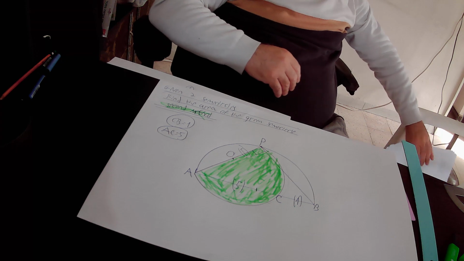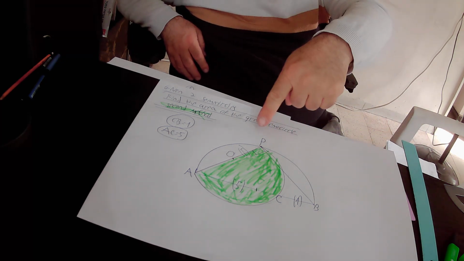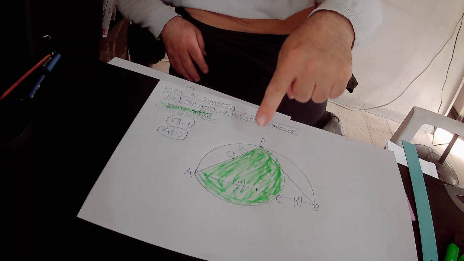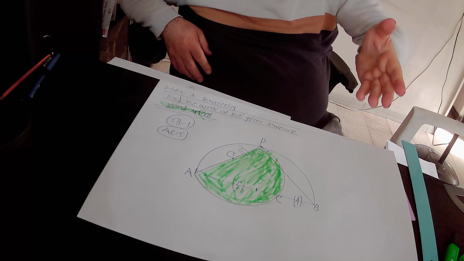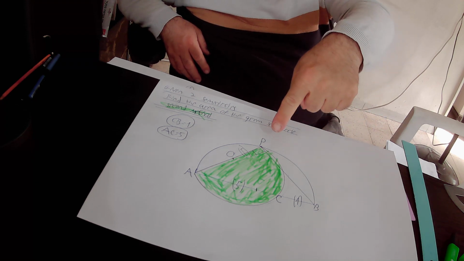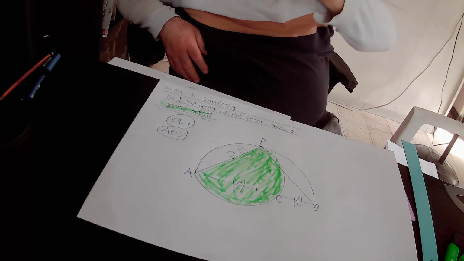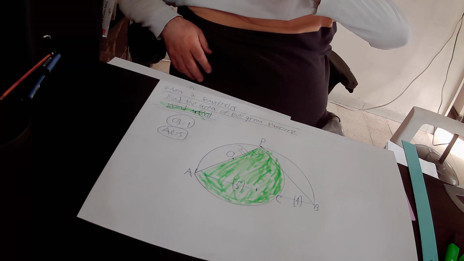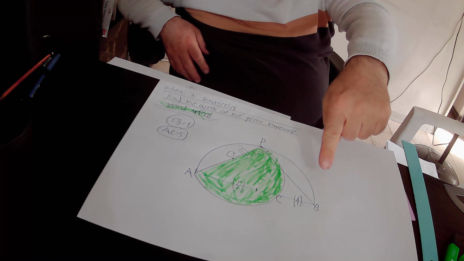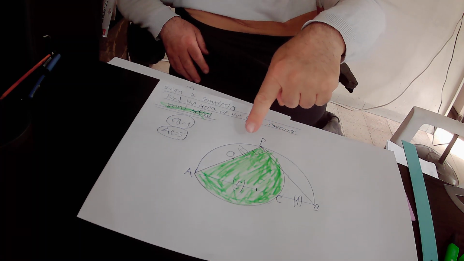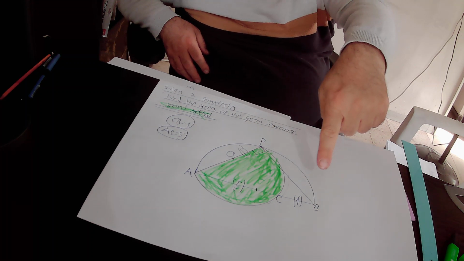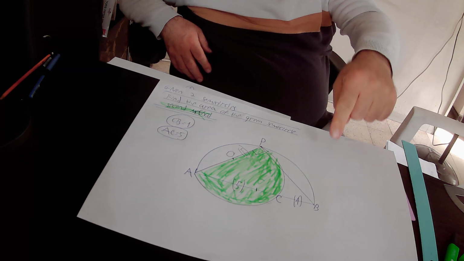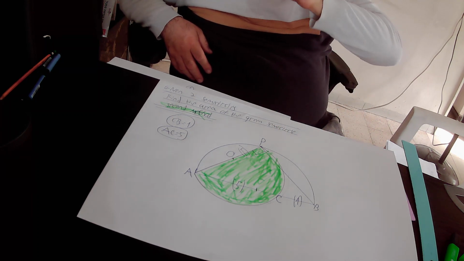Because in our drawing we have line segment BP that is perpendicular to the radius PO of this green semicircle, and therefore according to rule 1, line segment BP is tangent to this green semicircle, and the point of tangency is located at point P.